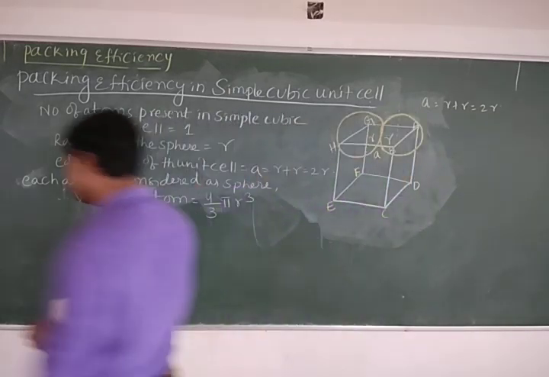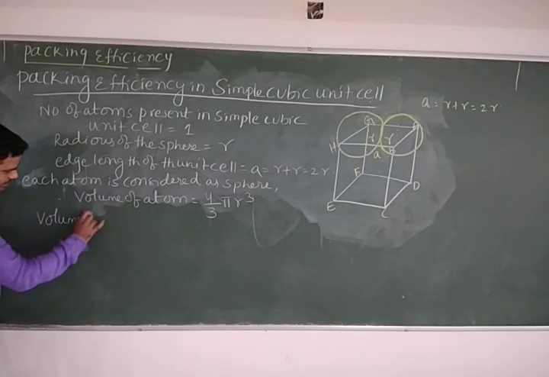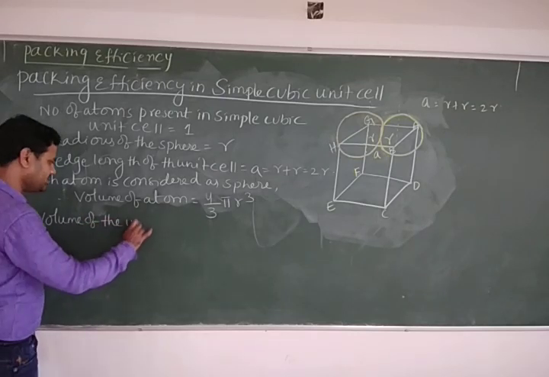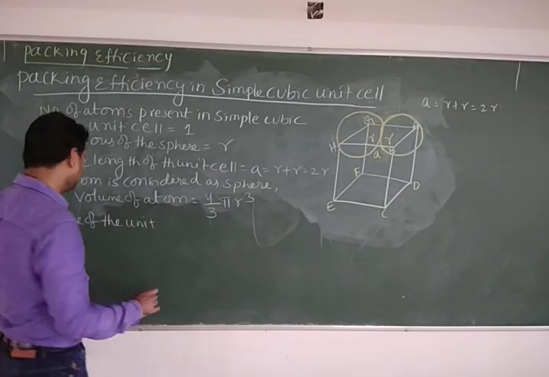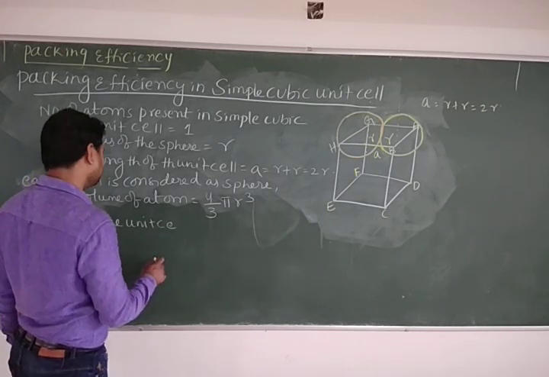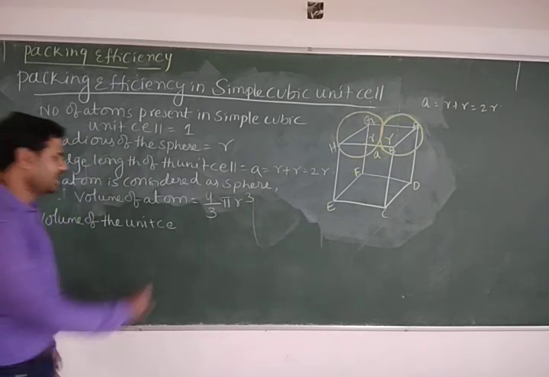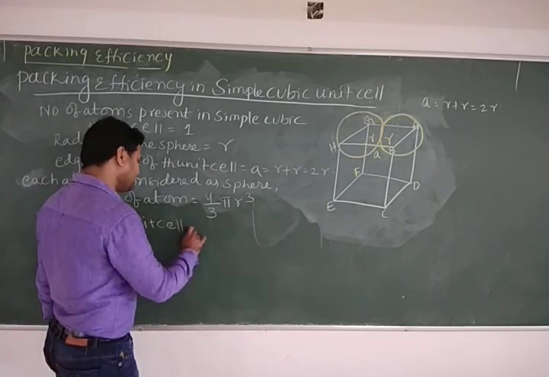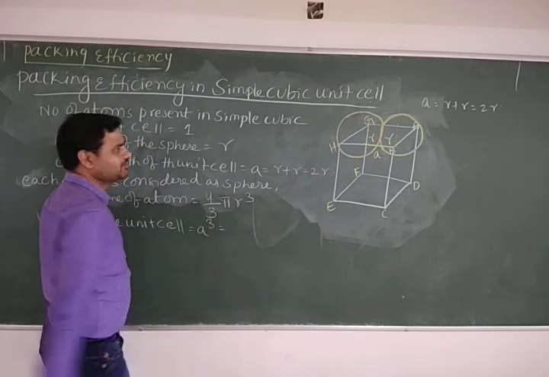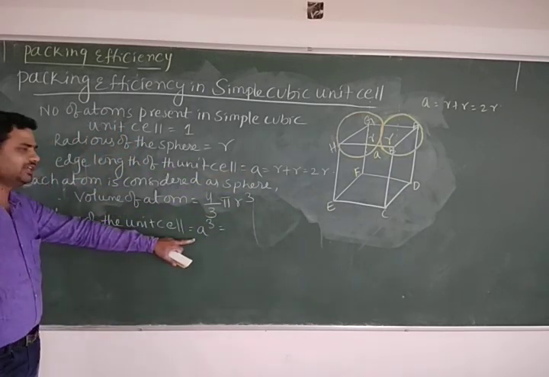I am calculating the volume of the unit cell. So volume of the atom we have, and what is the volume of the unit cell? So that is the formula a cubed. Because edge length is a, the volume of the unit cell becomes a cubed.